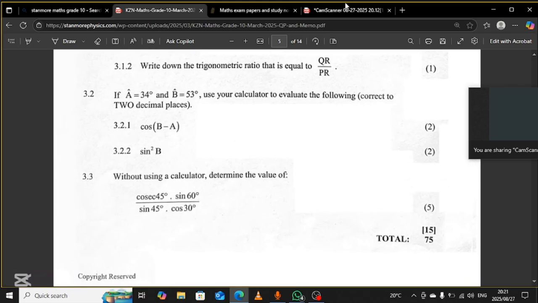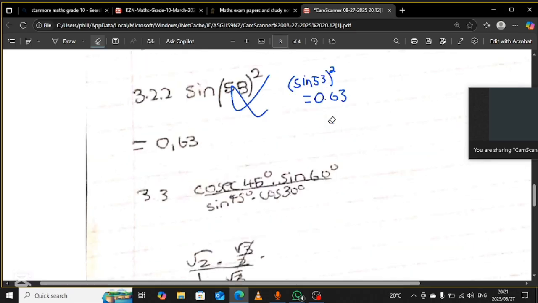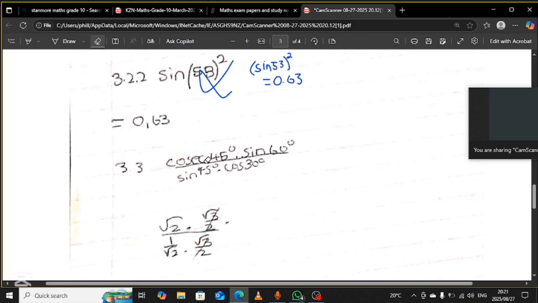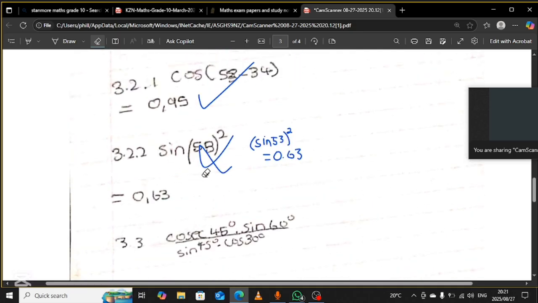Now this one. I want to see how you did it. Isn't my answer correct? For which one? For this one, 3.2. How did you get this answer? You squared the angle. No, I did double brackets, right?